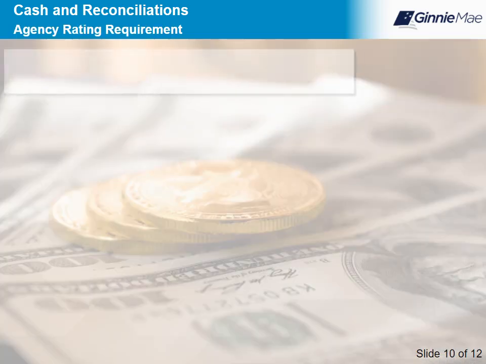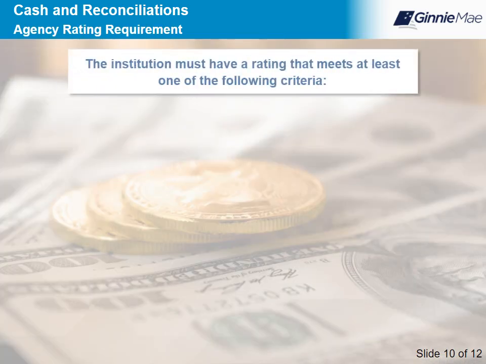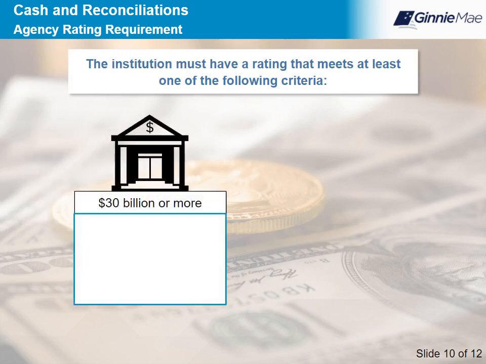The institution must have a rating that meets at least one of the following criteria. Institutions with assets of $30 billion or more must have the following: a short-term issuer rating by S&P of A3 or better. If not available, then the long-term issuer rating must be BBB- or better.